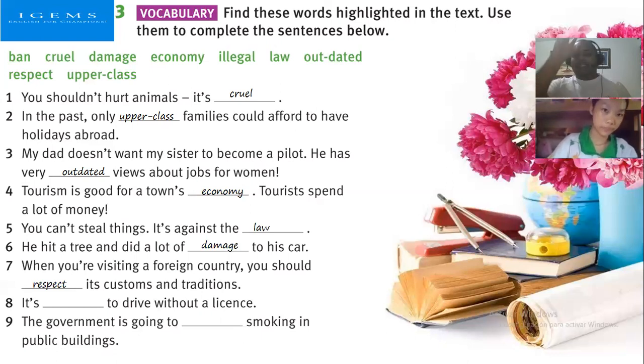Let me just stop right here. Actually, this is a very good suggestion and a very good recommendation. When we go to a foreign country, which means it's not our country, we should respect its customs and its traditions.